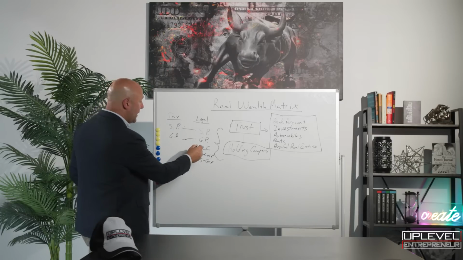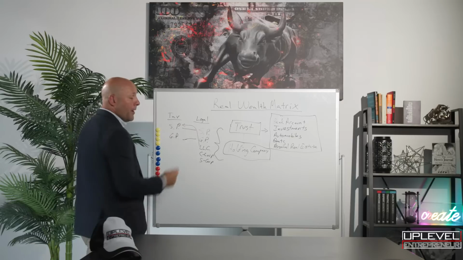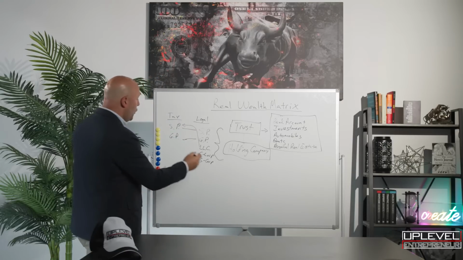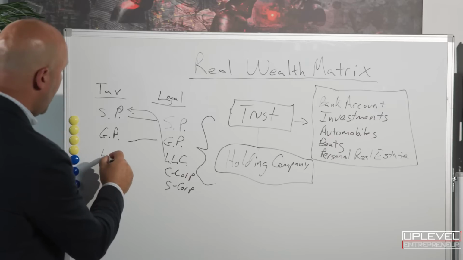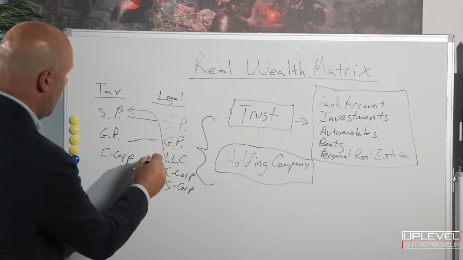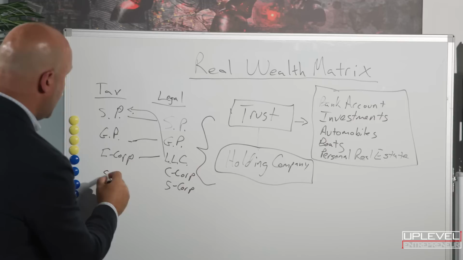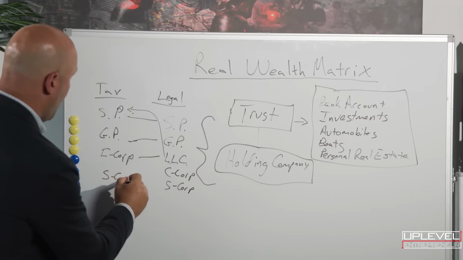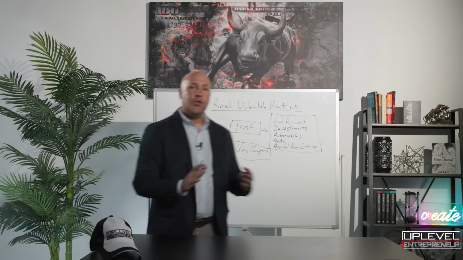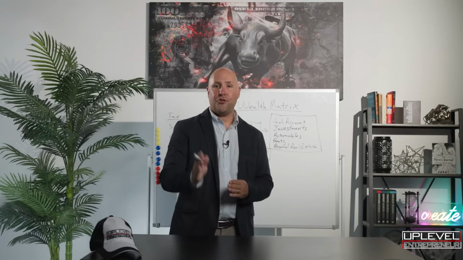You could be taxed as a sole proprietor if it's just you as the one member of that limited liability company. You could be taxed as a C Corp, or you could be taxed as an S Corp. So the limited liability company gives you a lot of nuance with regard to how you actually elect to be taxed.